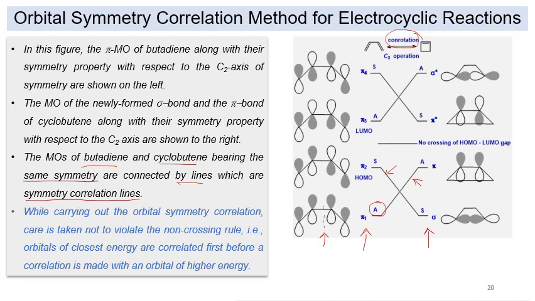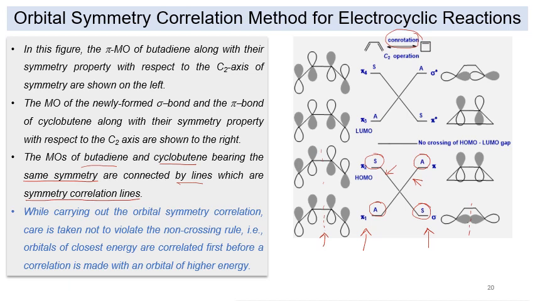Whereas here, when you use the C2 axis and you use the sigma plane, both of these are symmetric. So you are having a symmetry here with respect to the C2 axis. With respect to the C2 axis, the pi 2 is now symmetrical, whereas the pi for the cyclobutene is antisymmetric.